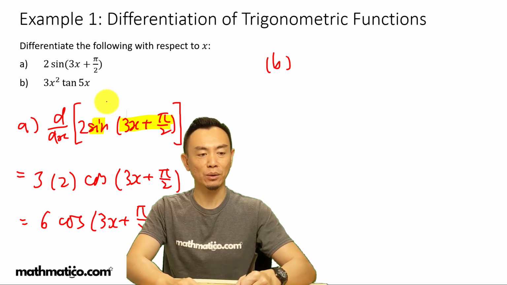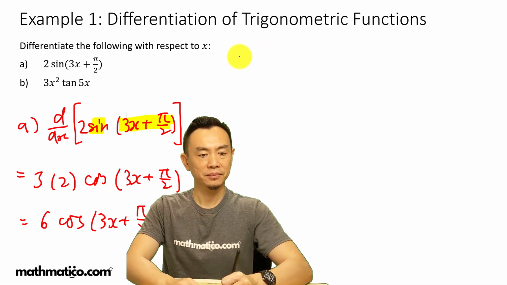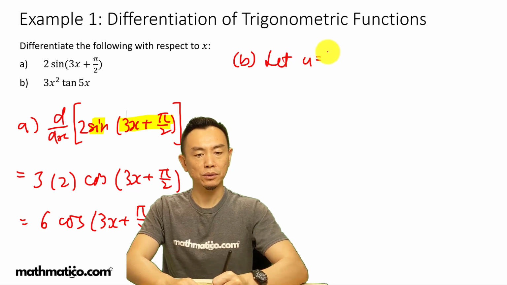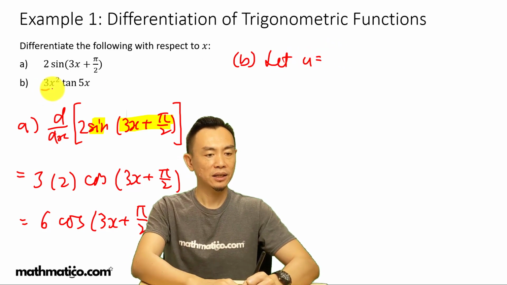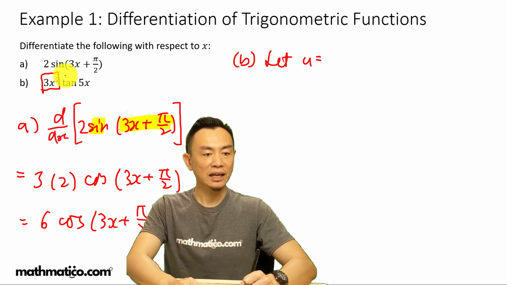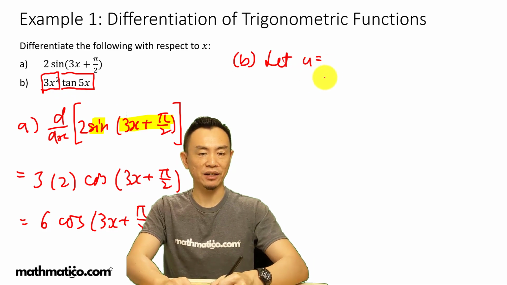Okay, so in this question we have product rule. Okay, so we're going to let u, let v. We let u to be equals to the first part here. So you see 3x squared is an expression in and of itself that is multiplied to the other function here, which is tangent 5x.